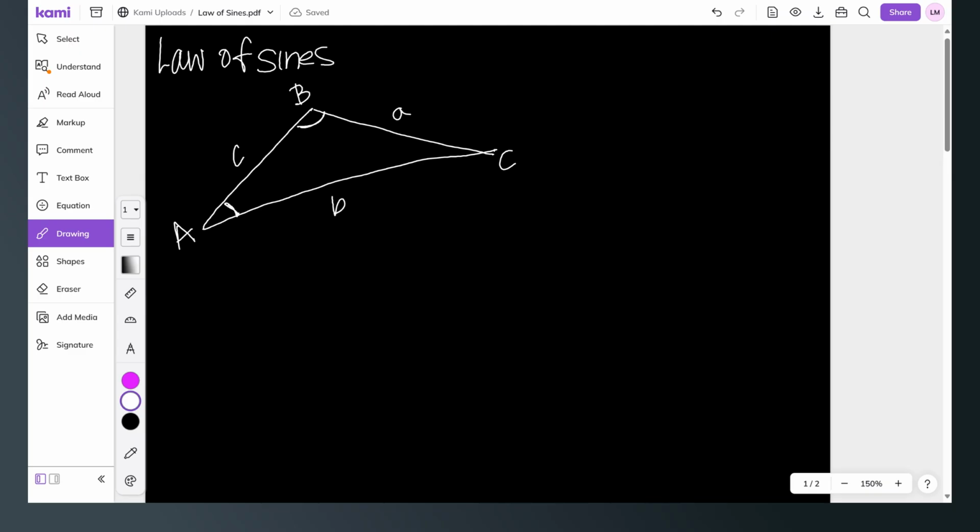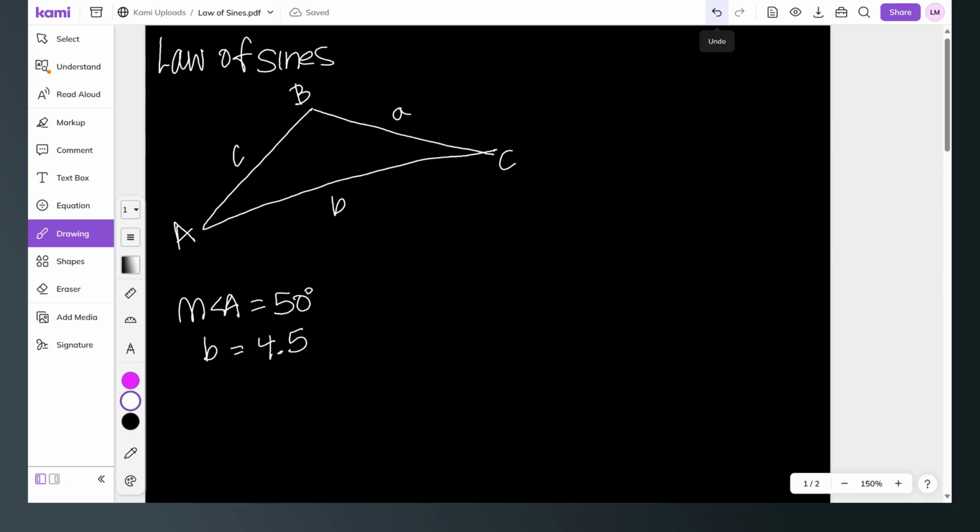All right, so let's grab one. Let's go with angle A. The measure of angle A is 50 degrees, and side B is 4.5.